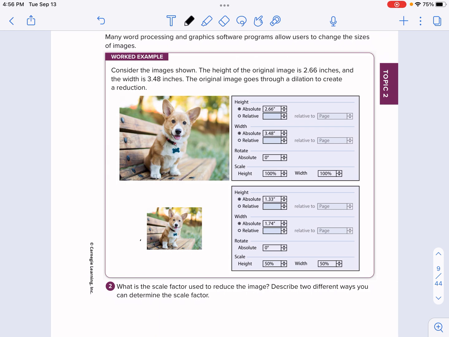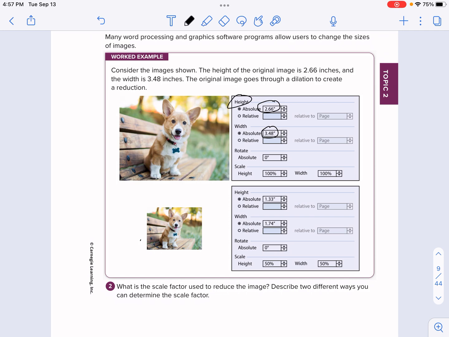And it gives us some information off to the left. Where it says height, the height of this picture is 2.66 inches. The width of this is about 3.5 inches, okay? And this is 100% of the picture. We're just going to look at those two figures. All the other numbers, just ignore.